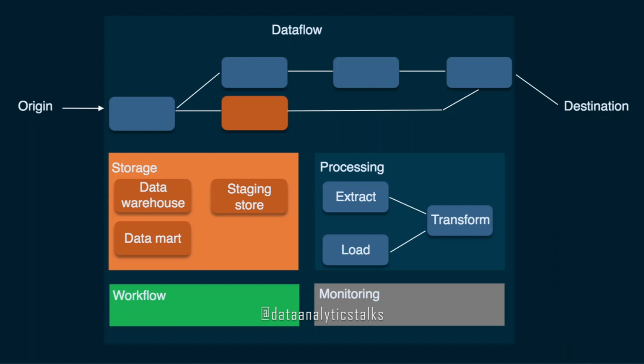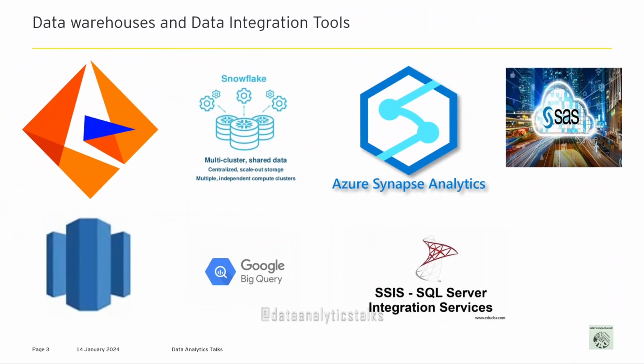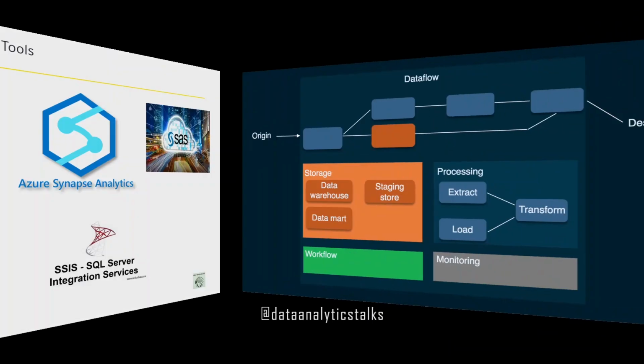So a proper and ideal data integration tool will have to manage source, manage the transformation, and manage the destination. So if you master one of the tools, it could be Informatica, Snowflake, Azure Synapse, SAS, Redshift, Google BigQuery, or even SSIS, you are good.